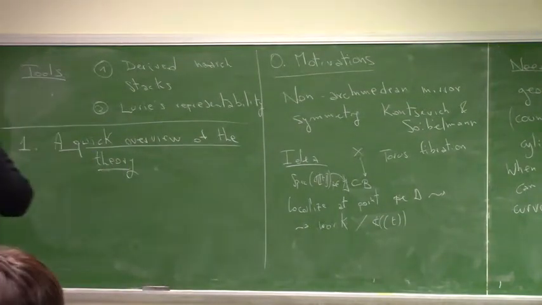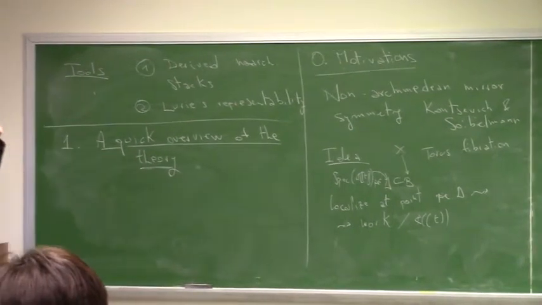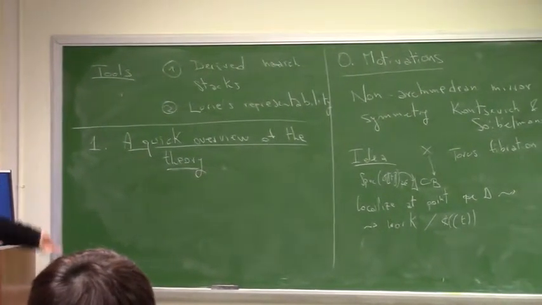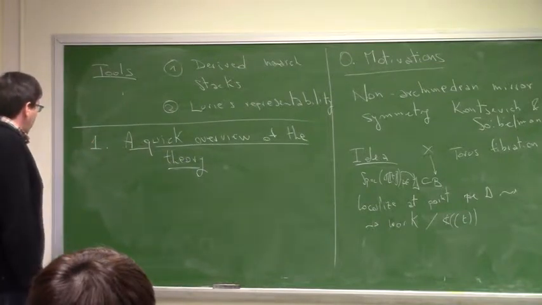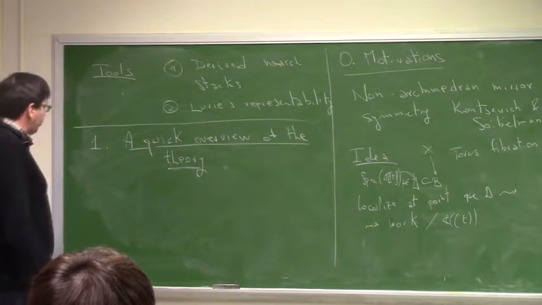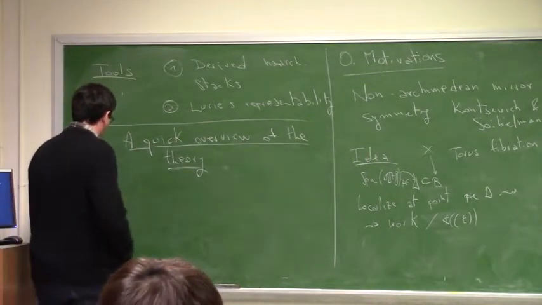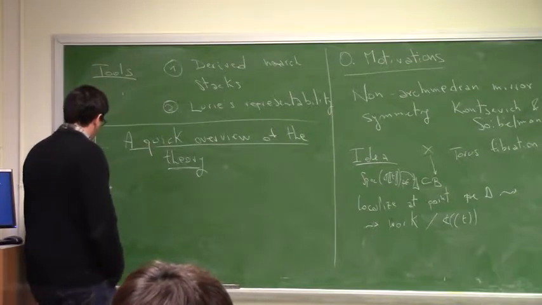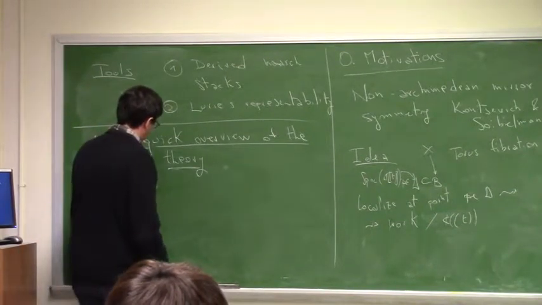So to understand the final definition that we give of the derived analytic space, let me start with a naive guess of what this guy should be. The theory will work for both complex analytic and non-Archimedean analytic. So, a naive guess.